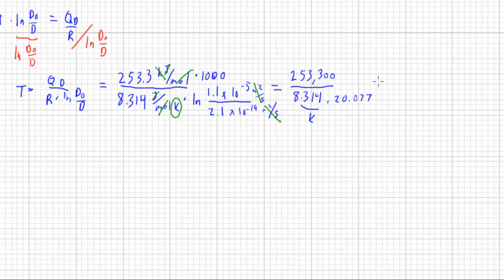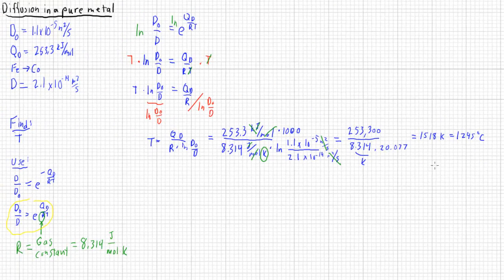And then making all that work out to 1518 Kelvin, which equals 1245 degrees Celsius. So this was a basic problem about diffusion in a pure metal of iron into cobalt.